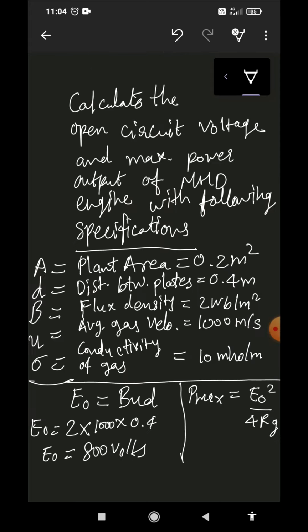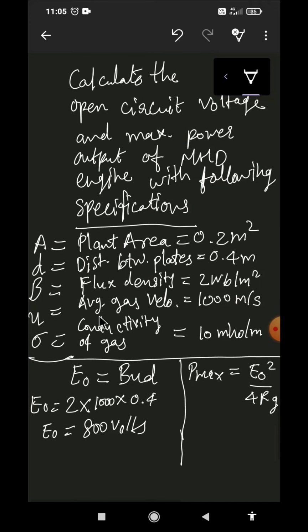Now we need to find P max. We have E0 for P max, but we don't have RG, the generator resistance, so we need to find it.